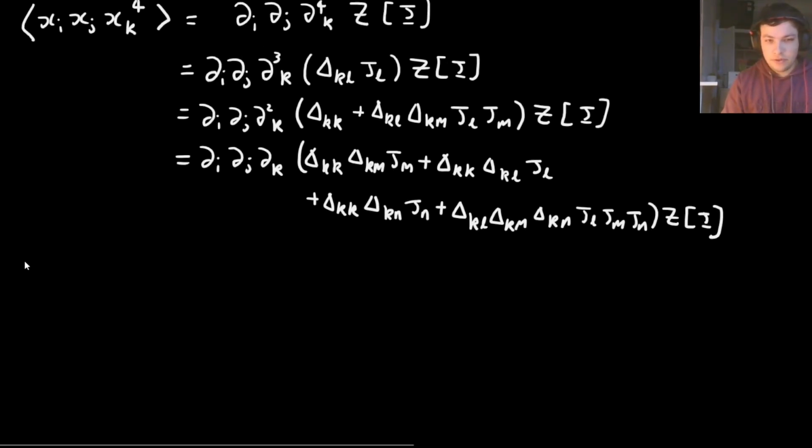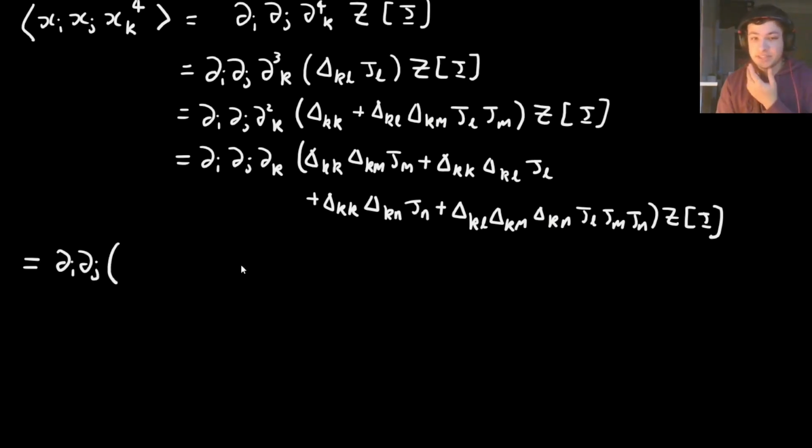I'm going to move along a bit so I've got more space. So ∂_i ∂_j, start by differentiating things with respect to k, so that's going to be a delta_kk squared from this one, and then another one. In fact, all of these are going to give us delta_kk squared, so we get 3 of those.